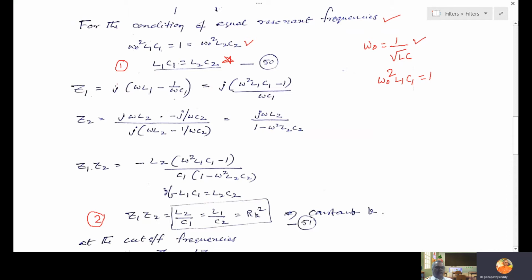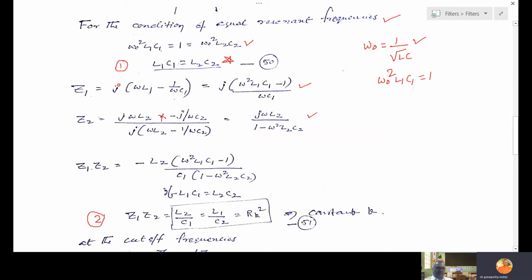What is Z1? J into omega L1 minus 1 by omega C1. Simplify, you get this. Z2 is the parallel combination of j omega L2 and minus j by omega C2. So they are in parallel: j omega L2 into minus j by omega C2 divided by this sum.